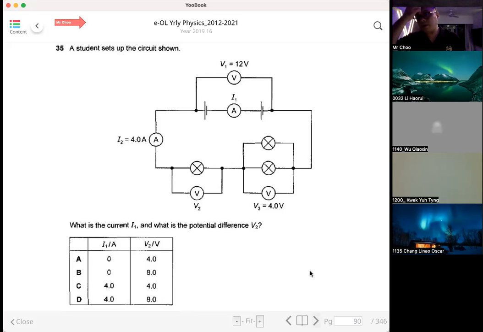Yi Ting, well done. Bei Guan, try again. Xiao Xing, well done.